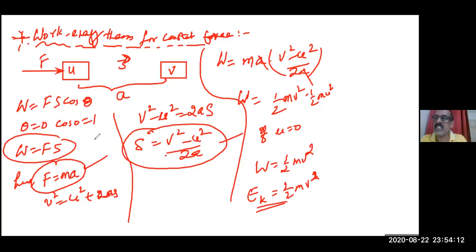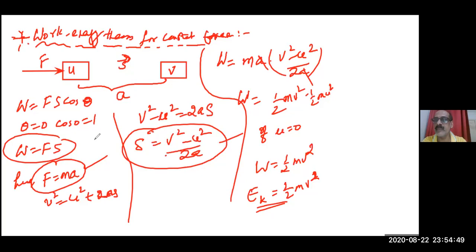Okay, write the statement. Work energy theorem states that the change in kinetic energy of an object is a measure of work done over it.